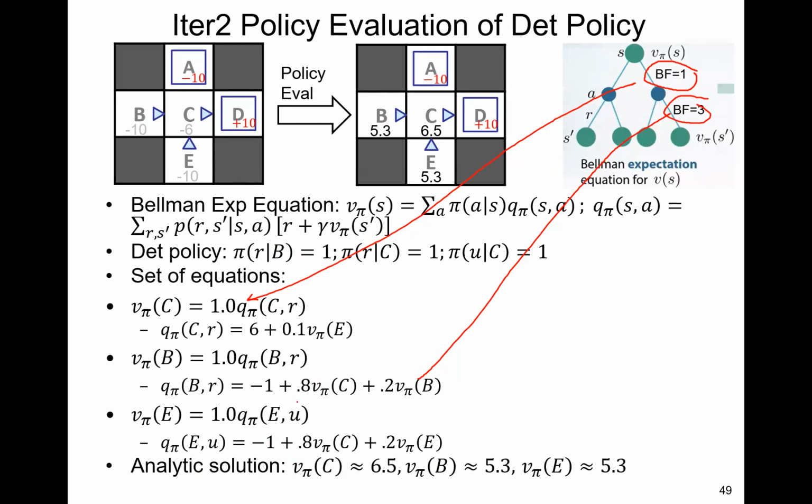So this branching factor of 3 means that, from B, if you go right, you have 80% probability of landing in C. That corresponds to this term.